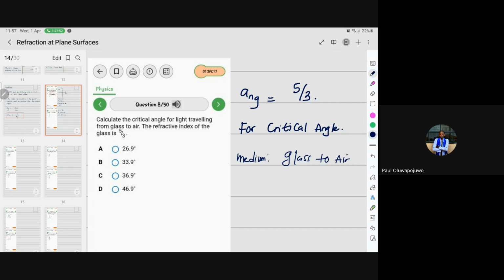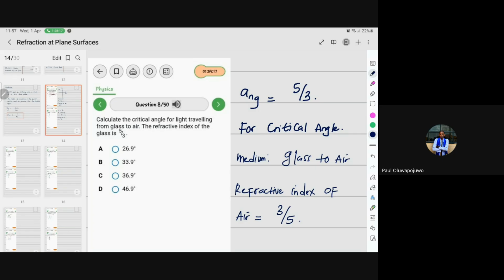Do you understand now? Therefore, the refractive index of air will now be equal to what? 3/5. Because that's what you need. I don't know if I'm making sense, guys. Good, good, Paul. Anyone confused?